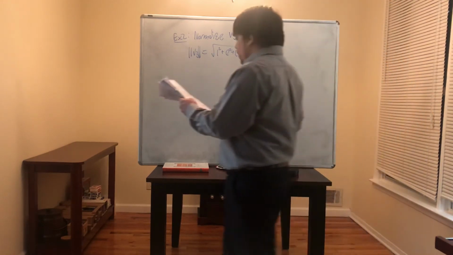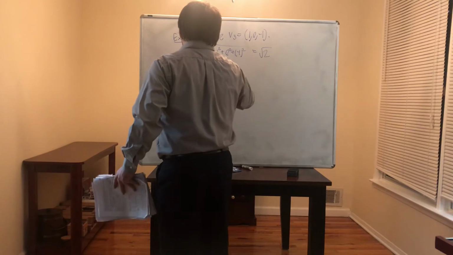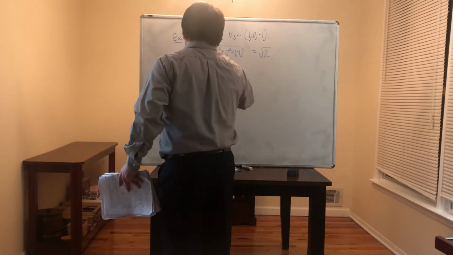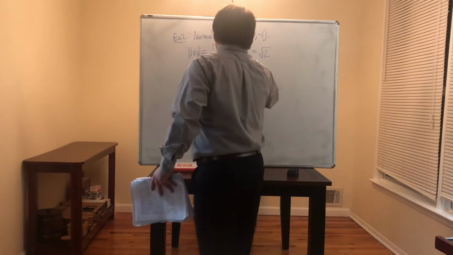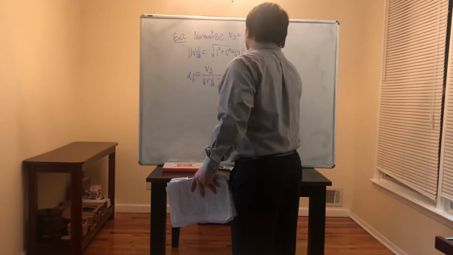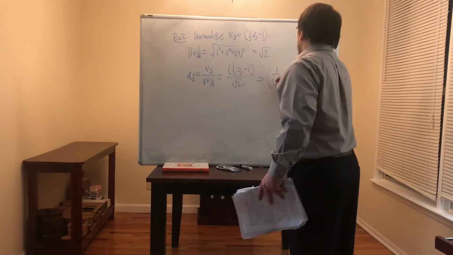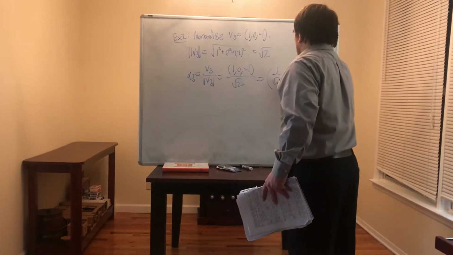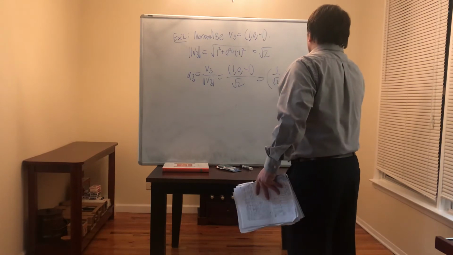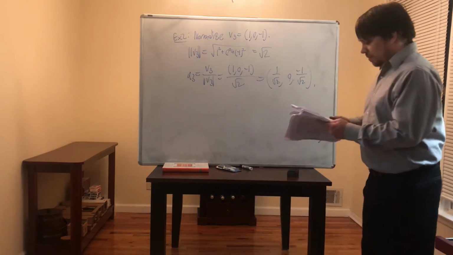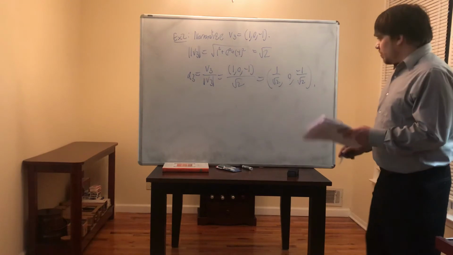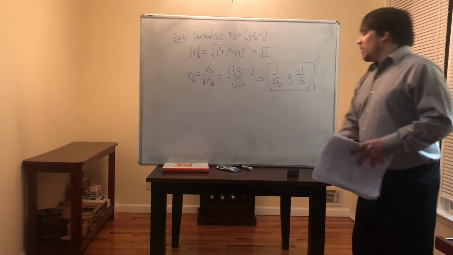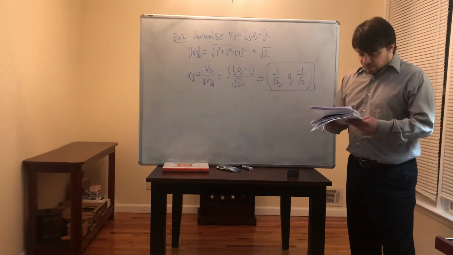And so to normalize v3, you just take u3, which is v3 divided by its length. So that's the vector v3, (1, 0, -1), divided by the square root of 2. That's (1 over the square root of 2, 0, negative 1 over the square root of 2). Okay, so u3 is that vector there.